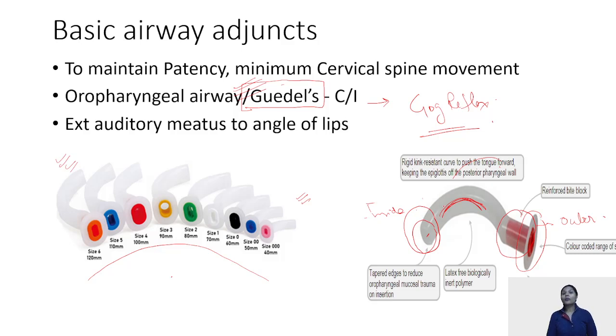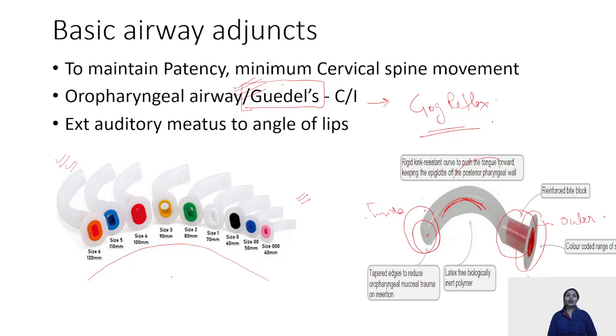So the prerequisite of using the Goodell's airway is that the patient should not be conscious. Okay, the patient should not have a gag reflex, or the patient can go in spasm.